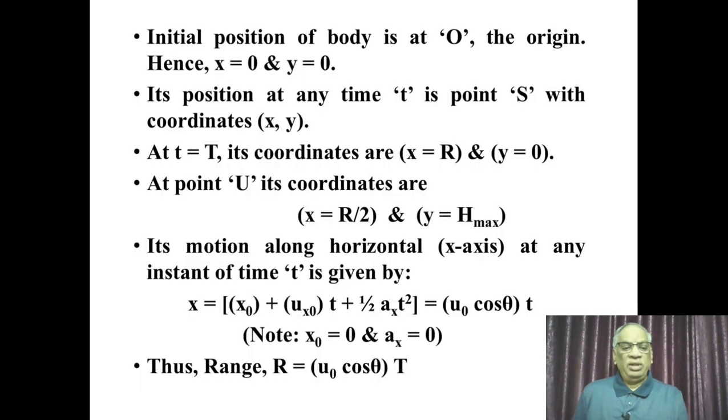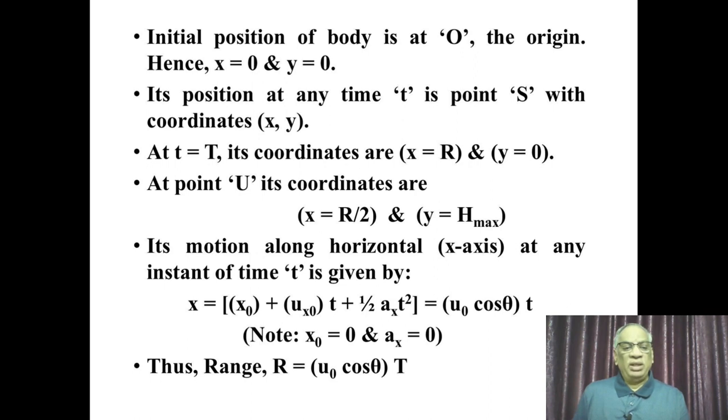So let us find out the motion in the x direction and y direction, so that we will get mathematical equations for the range and maximum height. If you see the initial conditions of the body at the point O, the coordinates are x is equal to 0, y is equal to 0, both position coordinates. At any other point like S at a time small t, its coordinates, let us say x, y.